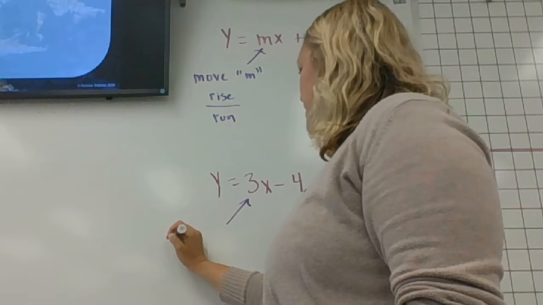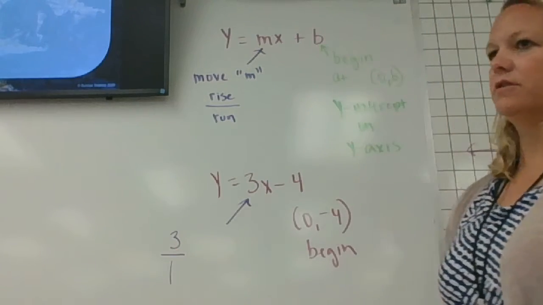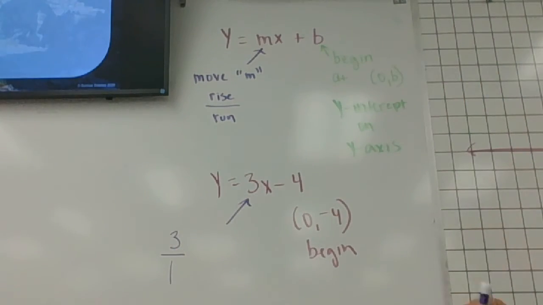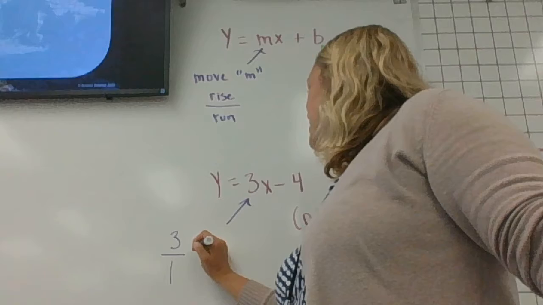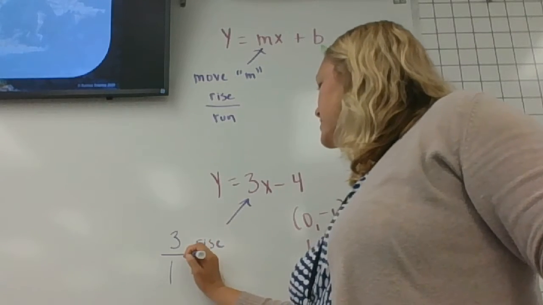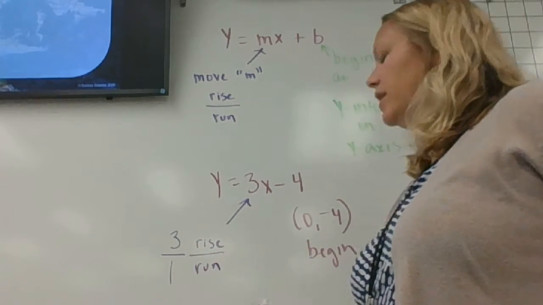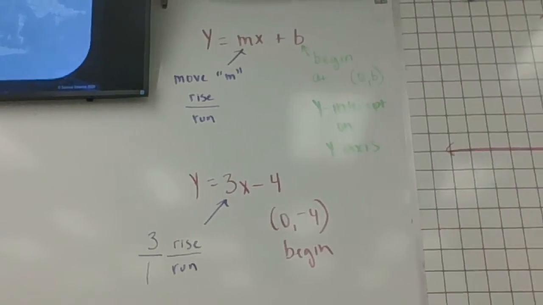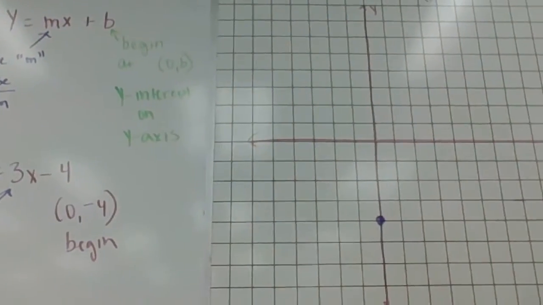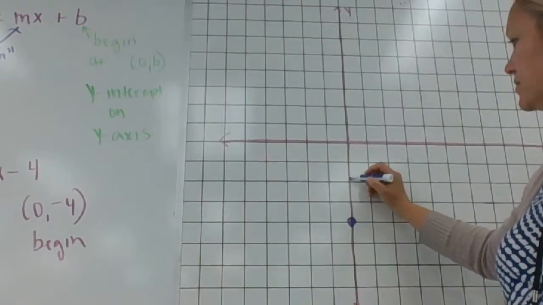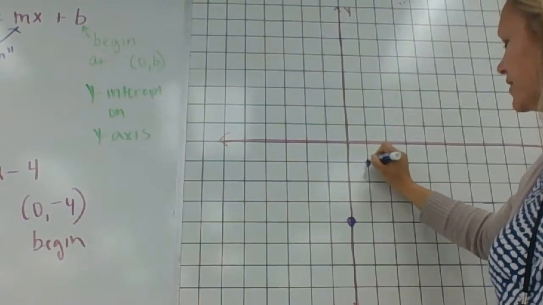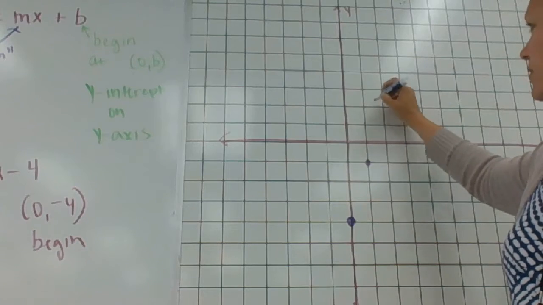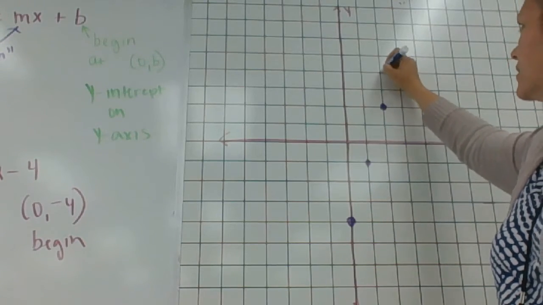So this 3 is like a 3/1. If there's no denominator, you put a 1 underneath it. So we're going to rise 3 and run 1, beginning at that -4. 1, 2, 3 over 1.